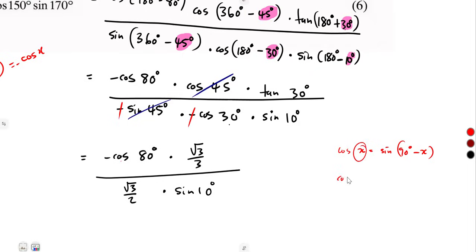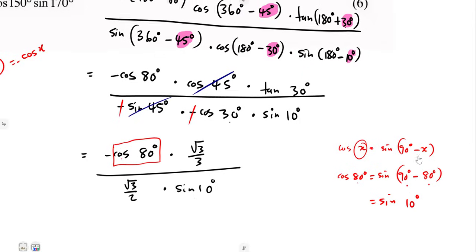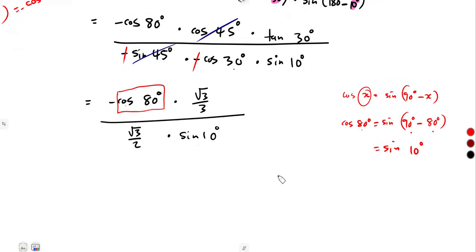Like cos 80 degrees is going to be sine 90 degrees minus that angle 80 degrees. So this is going to give us sine 90 minus 80 is what? 10 degrees. So cos 80 degrees and sine 10 degrees, they are the same. So you can write one as another. So I'm just going to rewrite cos 80 as sine. So it's negative sine of what? 10 degrees times square root of 3 over 3.